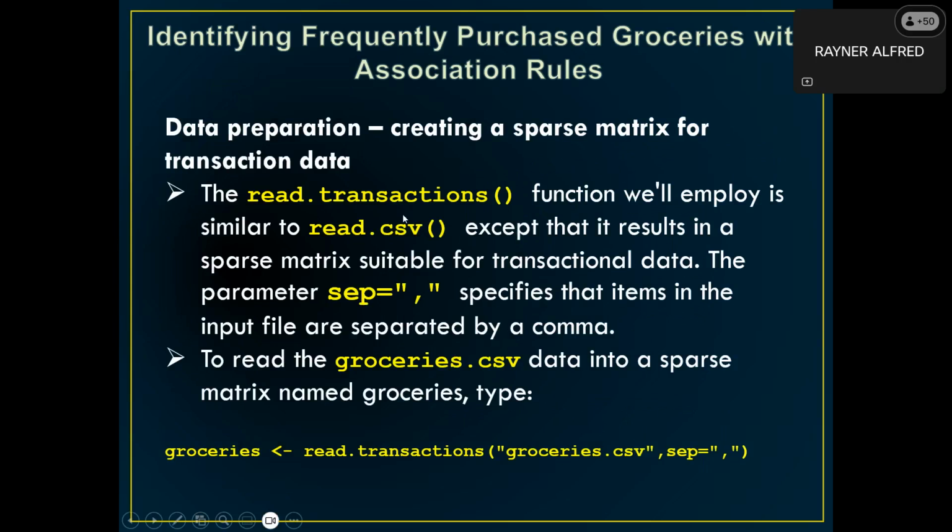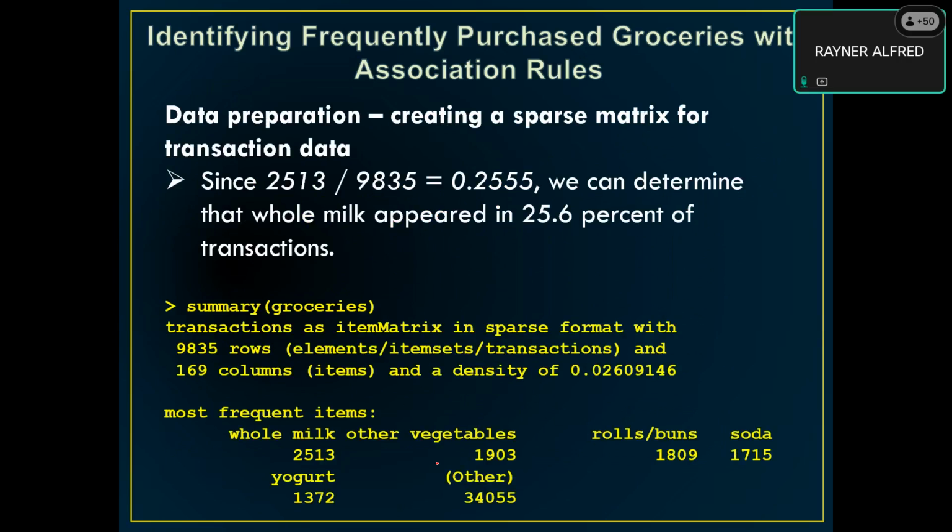So we use this statement in order to read our data. This is our data, and we use this as a symbol to separate each token that we have in the grocery data. We can do a summary, saying transaction as item matrix in sparse format.